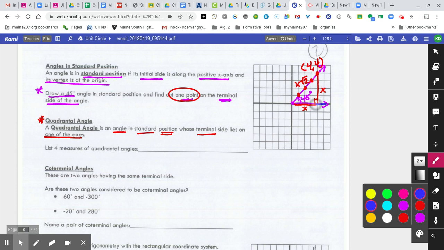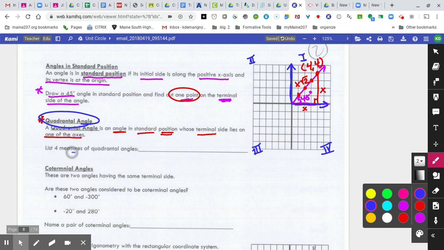If I draw my initial side, and then I draw the terminal side on the actual axis itself, that is called a quadrantal angle because it doesn't lie in any quadrant. It's not in quadrant 1, 2, 3, or 4. It's actually on the axis itself. So those are called quadrantal.